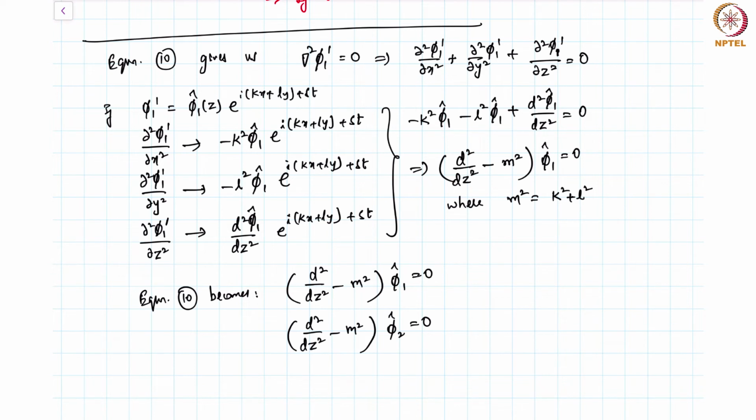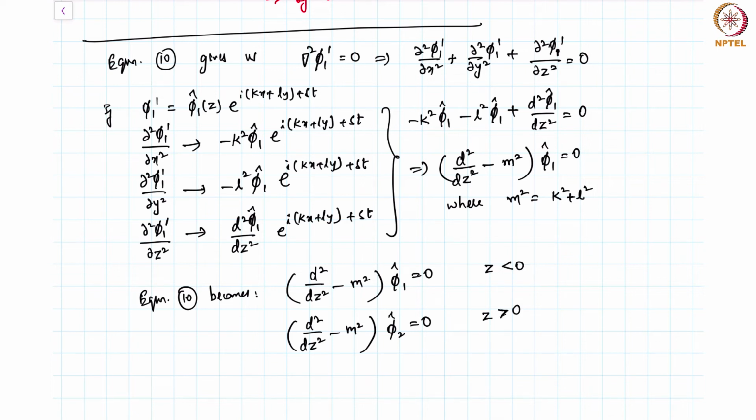Both are basically evaluated at z is equal to 0. This is for the fluid above and for the fluid below. Sorry, I made a mistake here. This is for z greater than 0 and this is for z less than 0.